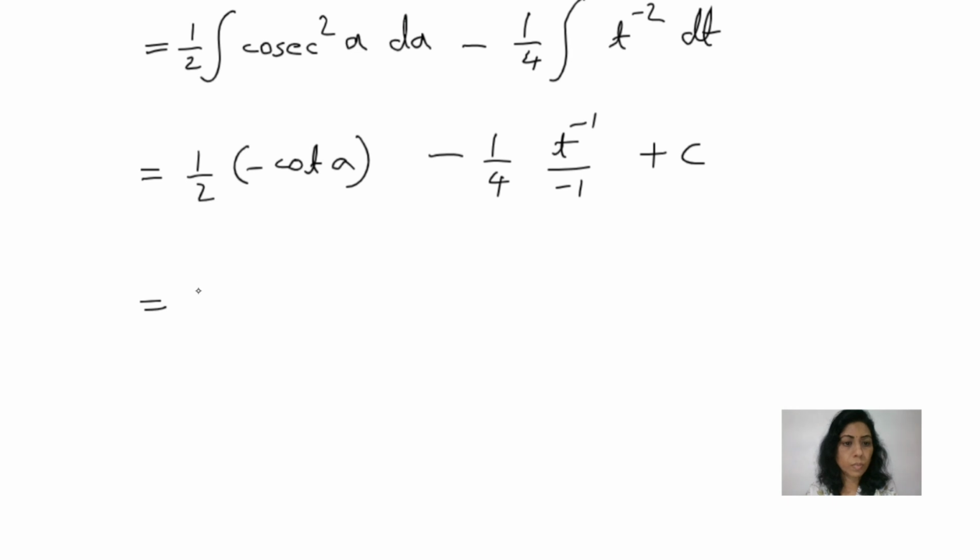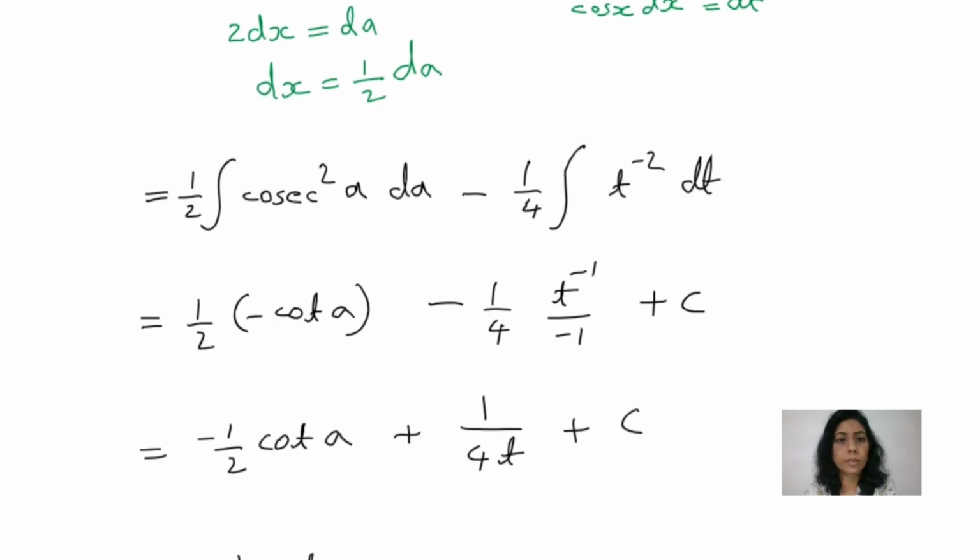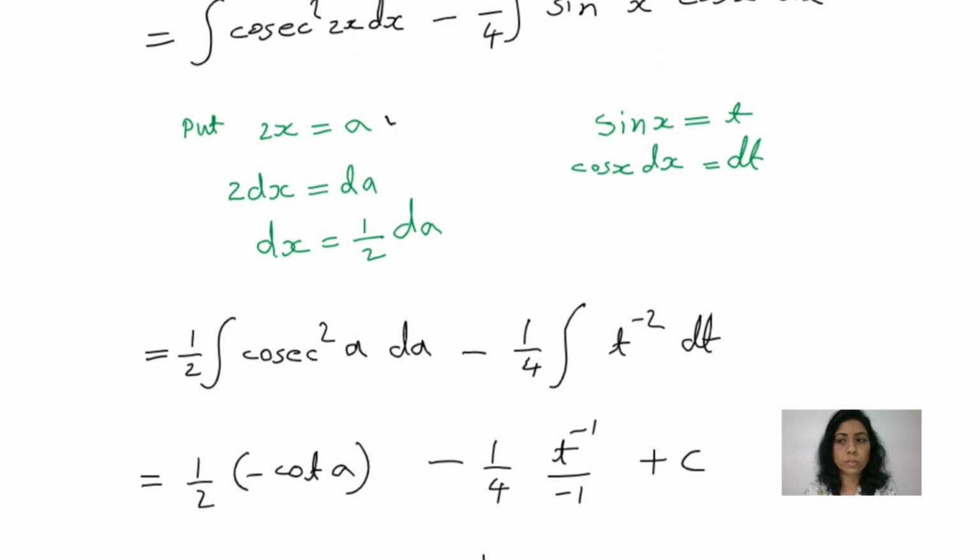Okay, so minus 1 upon 2 cot a. This minus and this minus make plus 1 upon 4, and we can write 1 upon t, so 1 upon 4t plus c. Okay, minus 1 upon 2 cot. What is a value? A value was 2x.